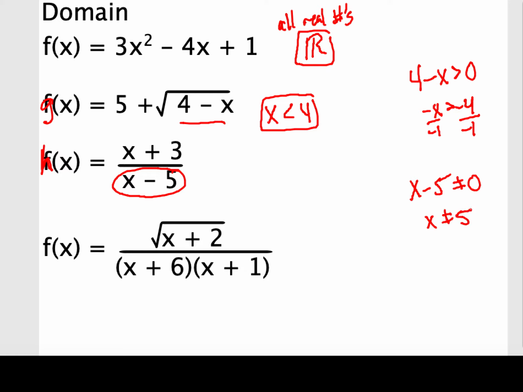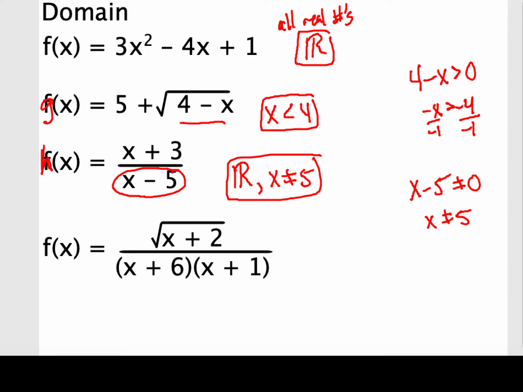Now, what you want to remember is domain is what numbers can we be. So I want to say that all real numbers are fine as long as x is not 5. I want to rule out that 5. Again, what numbers can I be, though? All real numbers other than 5.